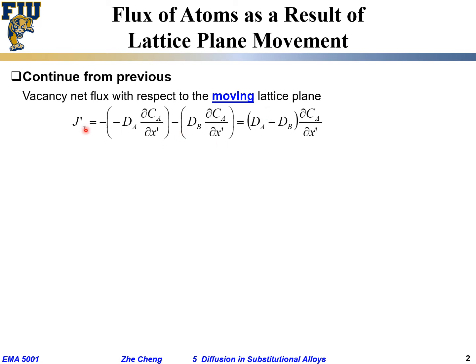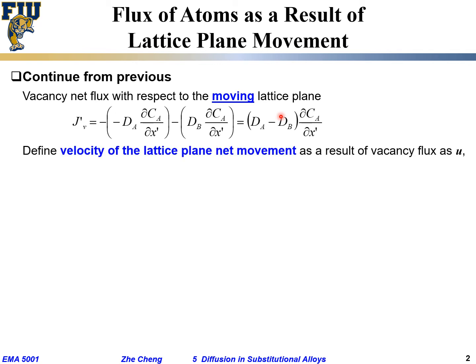The JV prime with respect to that moving interface is dA minus dB times the partial differential concentration gradient with respect to X prime. Remember, X prime is the location within that moving coordinate system. Okay, so that's what we said.